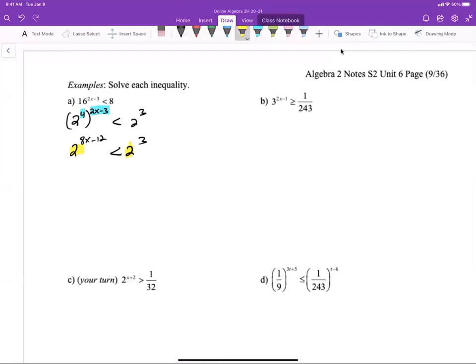So I don't have to worry about any unusual situations. So we can take the exponents, 8x minus 12, and set them less than 3, and then solve for x. So 8x is less than 15, and we find x is less than 15 over 8. And that's how you solve it.